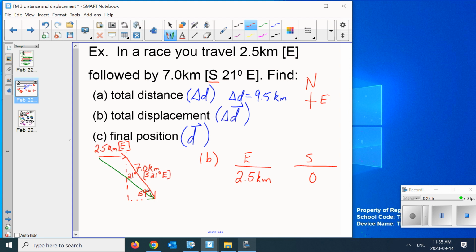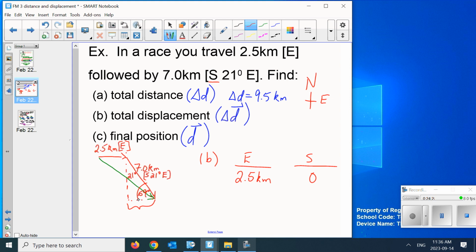So, to figure out the east portion, mathematically using sines and cosines, how do I figure it out? We've got the hypotenuse. Now which angle are we talking about, 69 or 21? According to that 69, is this the opposite or the adjacent? The adjacent.